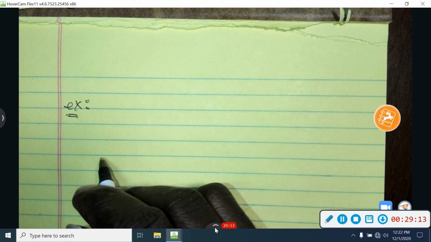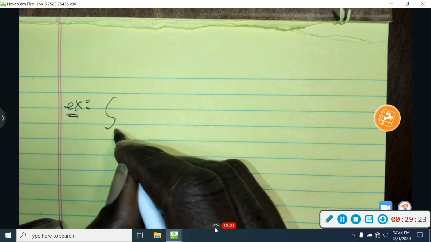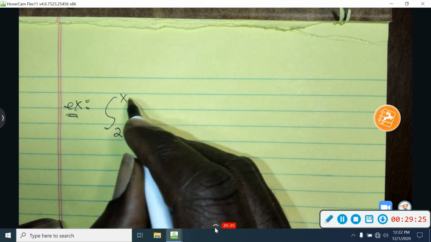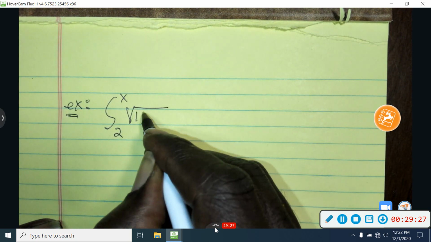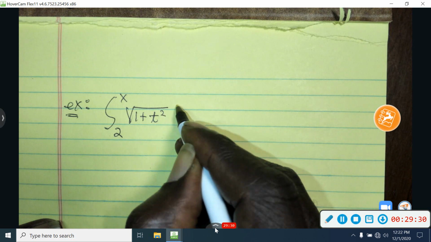So for example, how about these? How about let's take the derivative of the definite integral from 2 to x of the square root of 1 plus t squared dt.